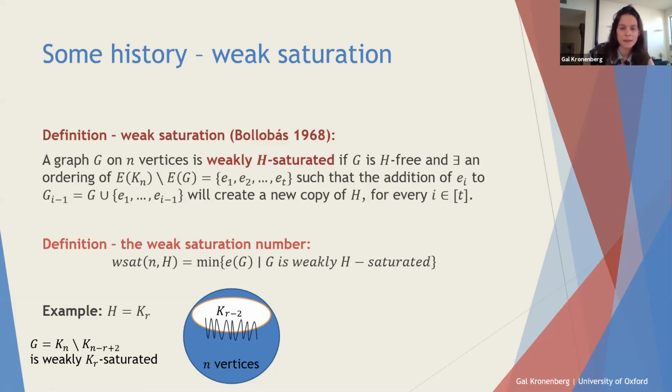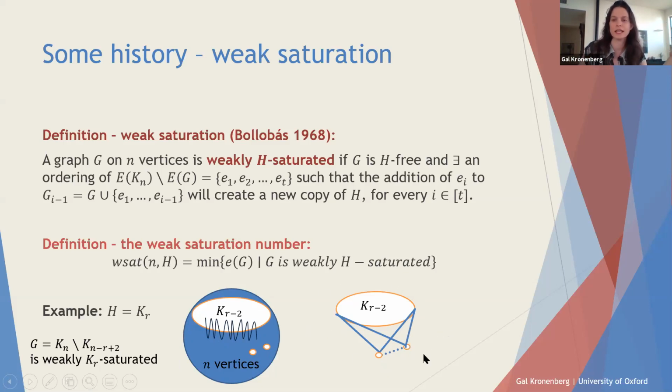Why is that? Every two vertices that I take here, I can immediately add the edge between them, because they are both connected to this clique of size r-1. So this is actually a copy of K_r minus an edge, so I can just add this edge.